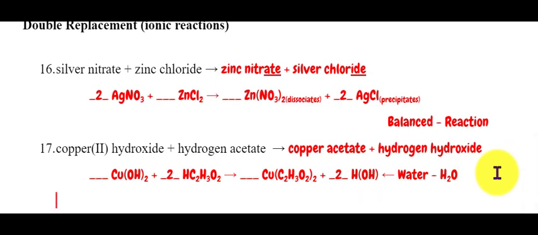All right, that means that this is balanced. And now let's check to see if there are any precipitates on this side. So copper 2 reacts with acetate and is soluble. H2O, water, dissolves in water. So actually this reaction, there is no reaction here. Huh, I would have thought that.